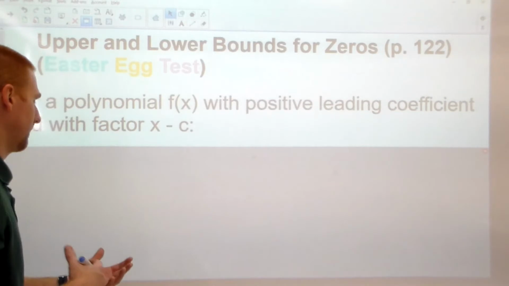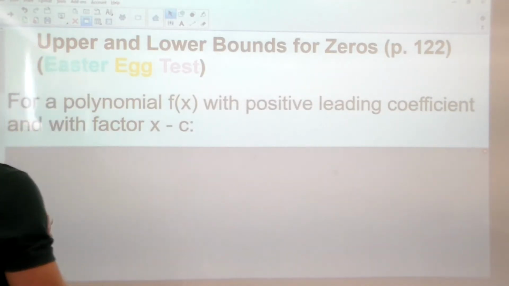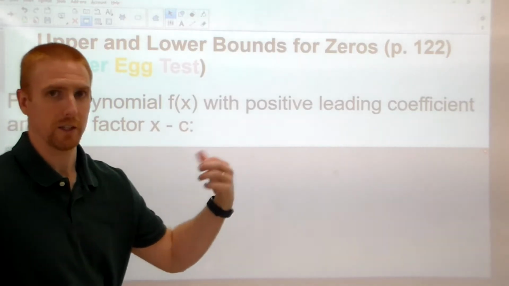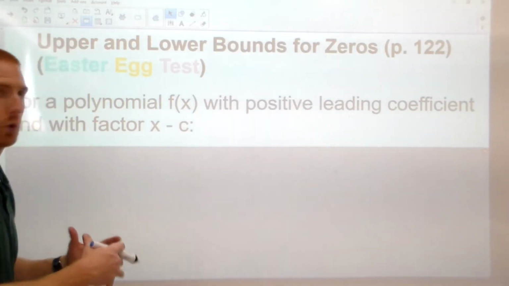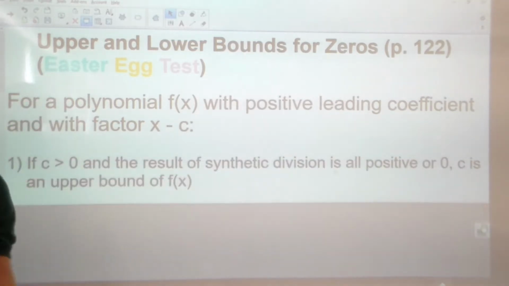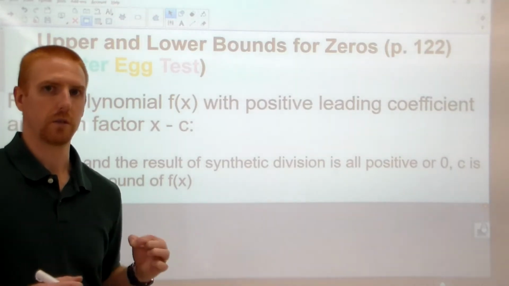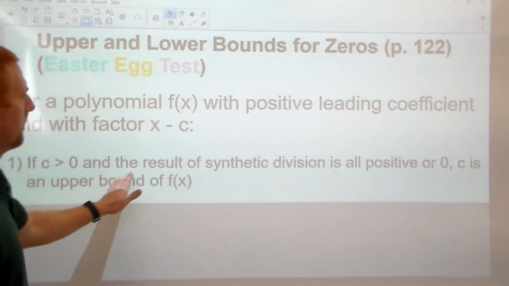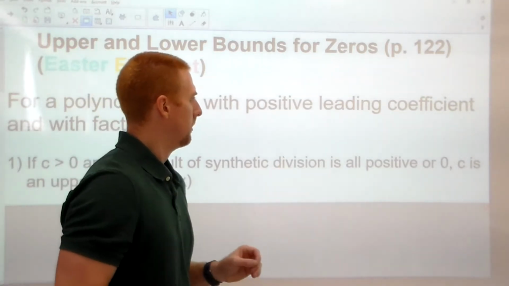That's something that we're going to keep dividing like we've been doing. So with any factor, not necessarily a factor that leads to a 0, but any factor that you create and want to divide out, here's the two rules. If C is positive, so now thinking of C as an x coordinate, if that C value is greater than 0, and then you do synthetic division, right?